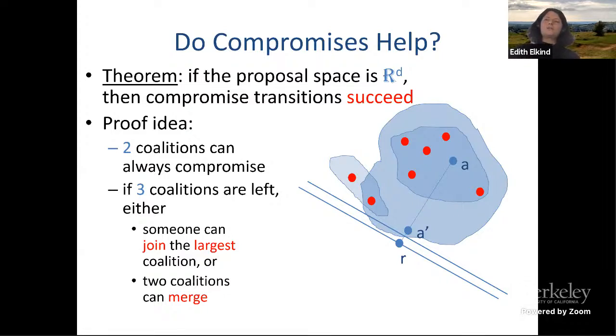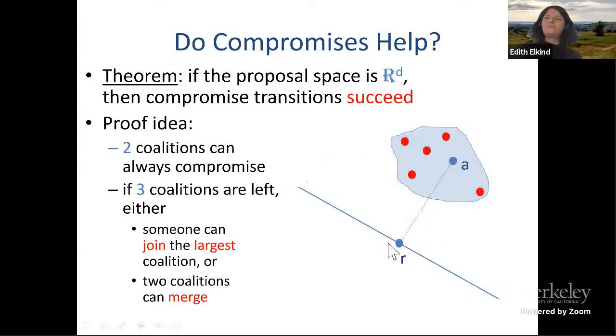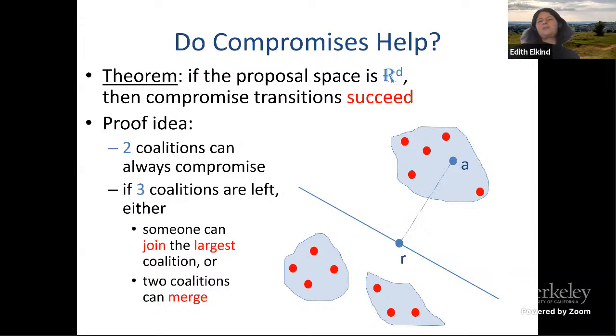Okay, so that's one possibility, when there's someone on the right side of this line. Another possibility is that all other agents are on the other side of this line. Because I have at least 3 collisions, this means I have 2 collisions on the other side of this line. By the same argument, I can draw another separating line.